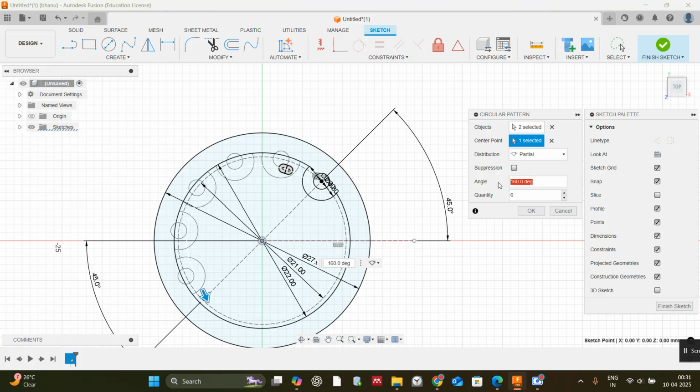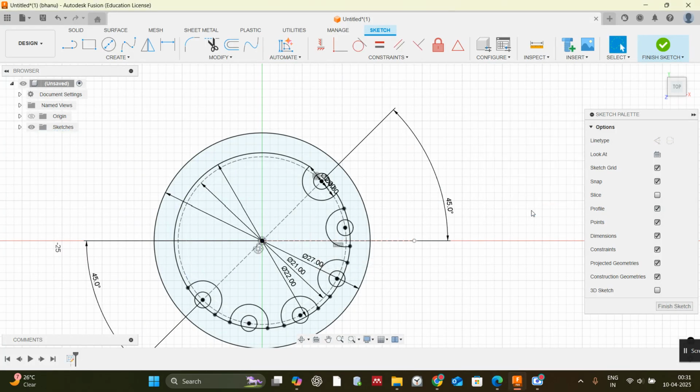Let's go with the 180 degrees, but in the other direction. Yes, fine. This is perfectly fine. There are exactly six quantity of them. Place OK.